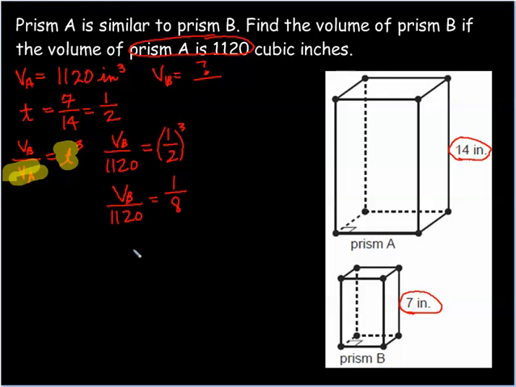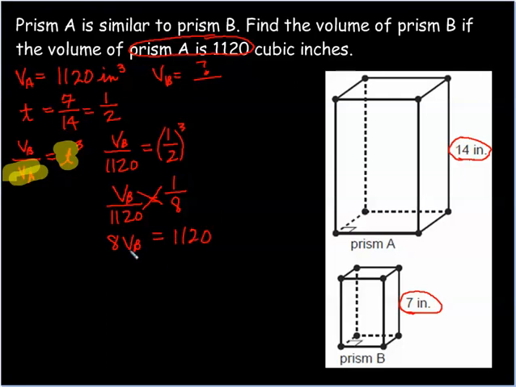Now I have set this up to where all I have to do is remember cross multiplication. That's all I got to do now. So I'm going to have 8 VB, and then 1120 times 1. That was 1120.